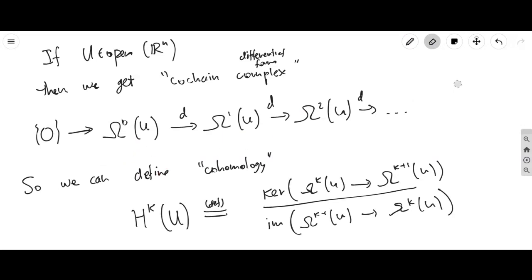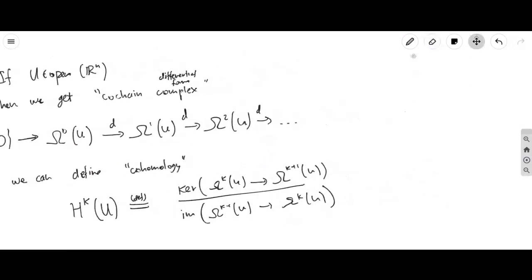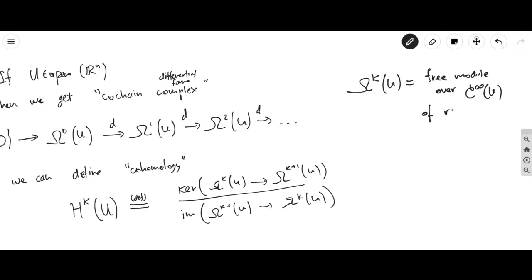We've said before that omega k of U is a free module over the ring of smooth functions of rank n choose k.